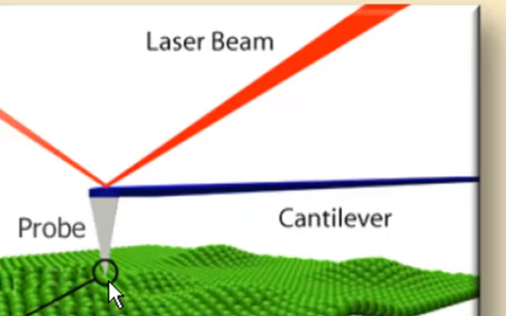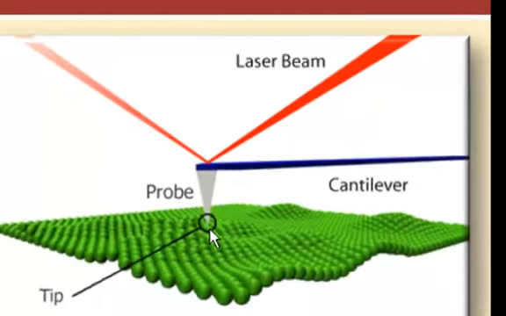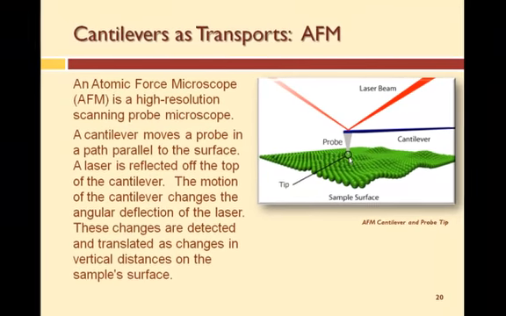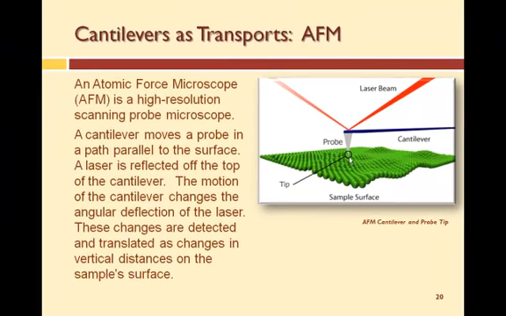You can make these probe tips out of crystalline silicon. So you use that crystalline feature and etch a very sharp point, and at the end of the point is a single silicon atom. That's the probe. So you can get very high resolution. To see which way the cantilever itself moves when it goes up and down as the surface is moved underneath.